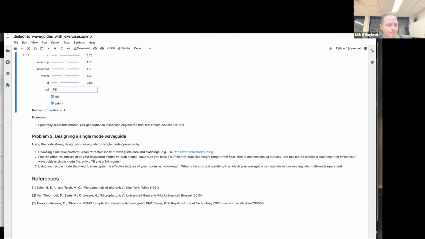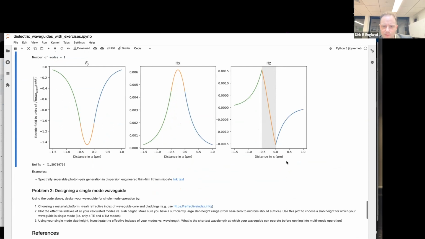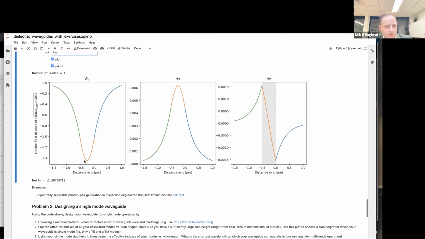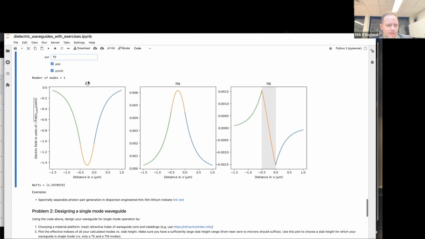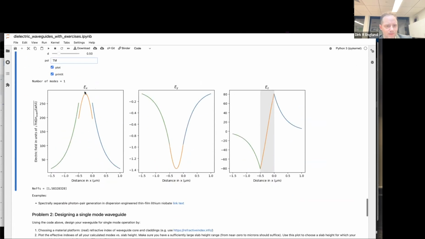What about the TE mode? Okay, there's one mode as well, and we can see the absolute value of the electric field is maximum for EY in the TE mode, and for the TM mode, this should have been, my bad, this should have been HX, HY, and EZ.